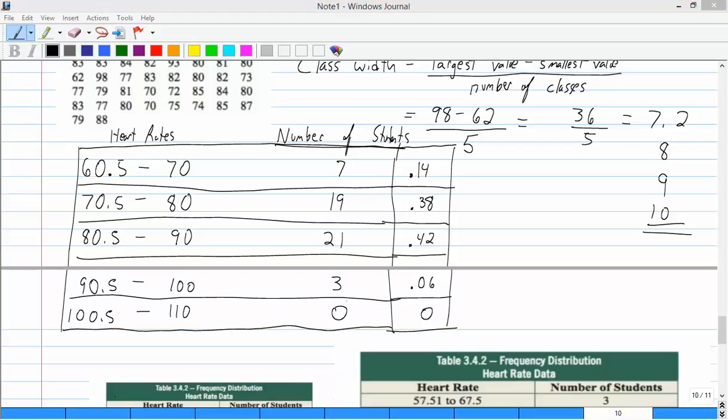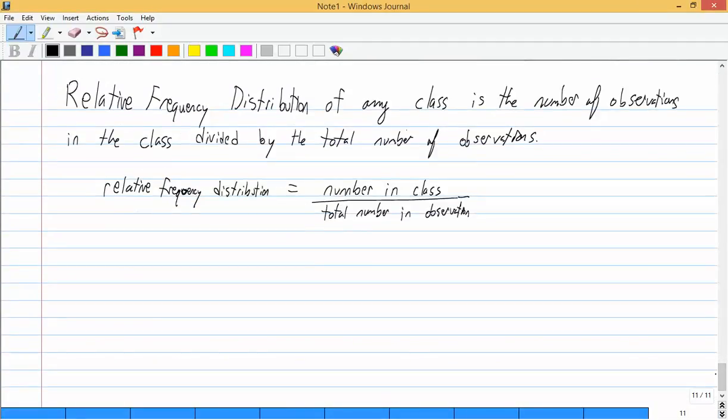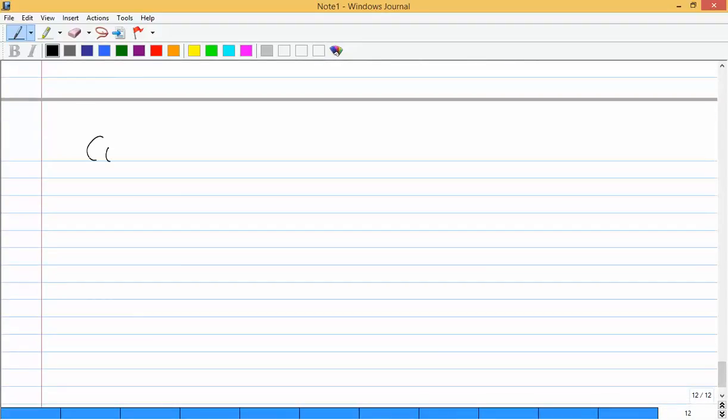Alright. The last type of frequency distribution that we're going to look at today is the cumulative frequency distribution. If you hear something is cumulative, what do you think about? Maybe adding it up or summing it up.